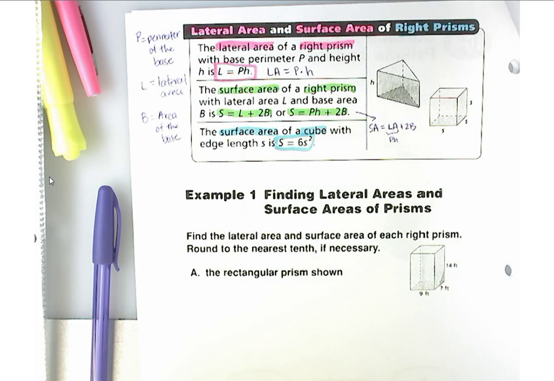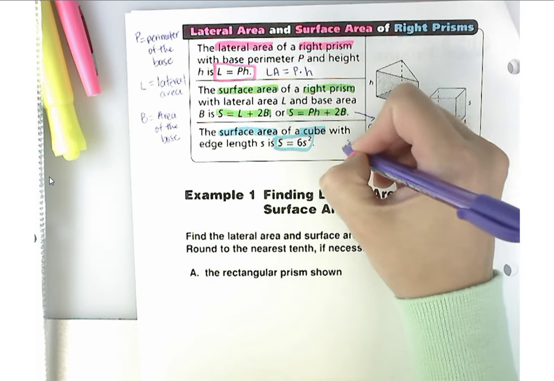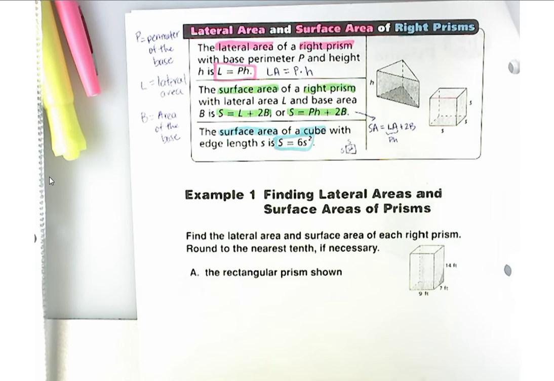Can you guys think about where that comes from? Yep, there's 6 sides of a cube, and the area of every single side is what? S squared. So for one side, it's s times s, which is s squared. And then because there's 6 sides to a cube, 6 times s squared is where that comes from.